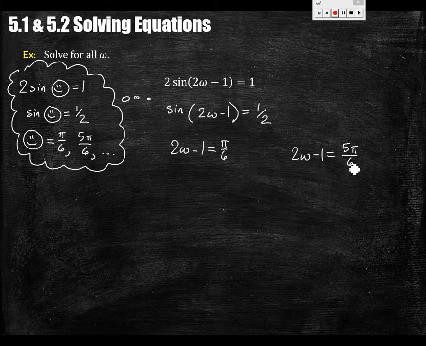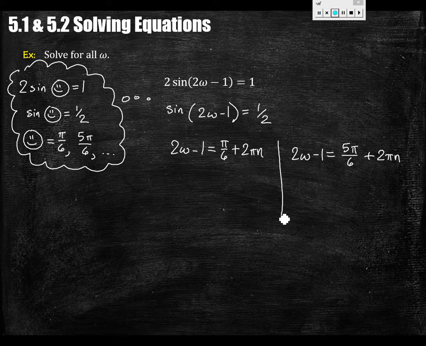Or, like we said, this does say for all omega, so technically we also need a plus 2 pi n there, and it's important that we introduce that right now for reasons you'll see in a second. So I'm writing it out separately like that, and I think you'll like that. Now we still have the task before us to solve for omega. So we have two equations to solve for omega. I think you'll agree that both do provide solutions.